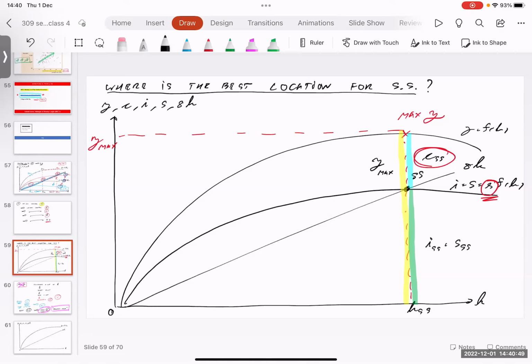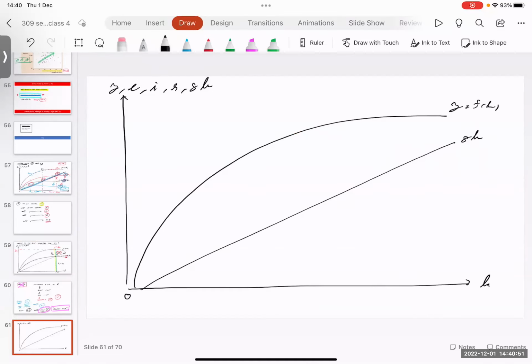Okay, so the maximum consumption is going to be the point where the space between the production function and capital depreciation is largest. Okay, it's largest or biggest, which is going to be somewhere here. See that? This is the place where you are going to have maximum consumption.